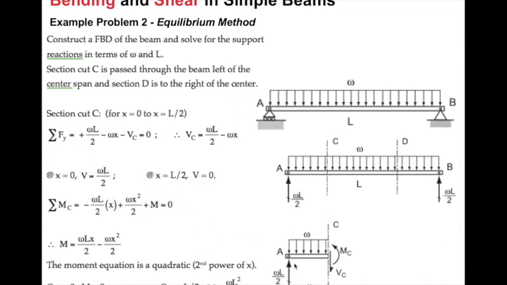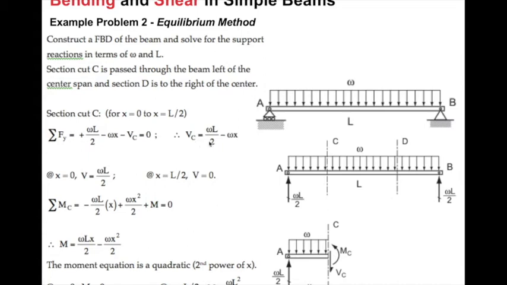And the distance between A and C is x, with x from 0 to half of the length of the beam, L. So that means the section cut C is between point A and the middle of this beam. We list the equation for Fy, list the equation for MC, and solve the problem.